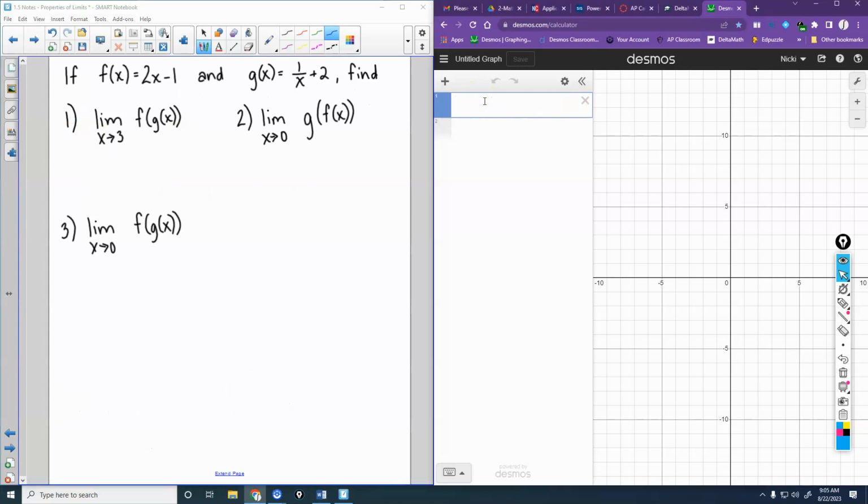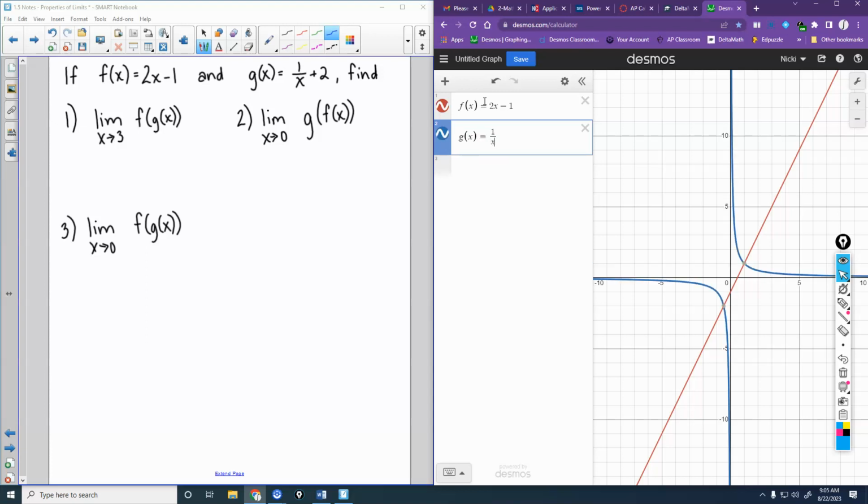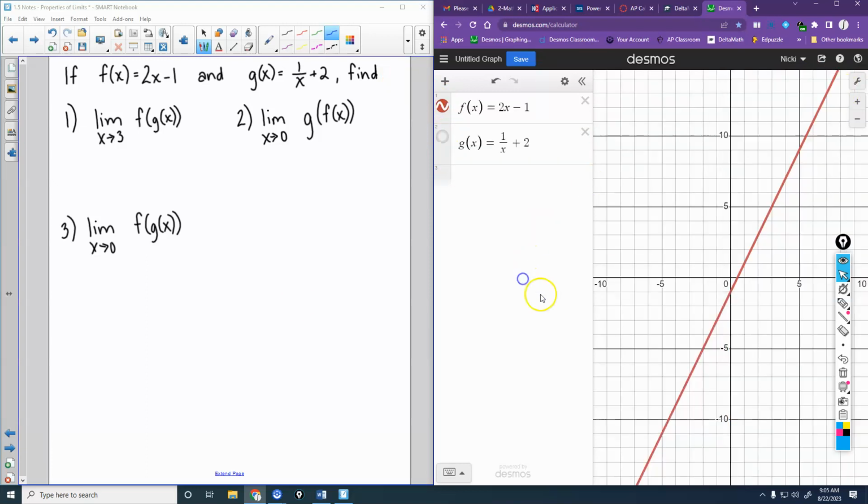So I've got my two functions, F of X equals 2X minus 1, and G of X equals 1 over X plus 2. We can look at these one at a time if we need to. Let me make this darker.